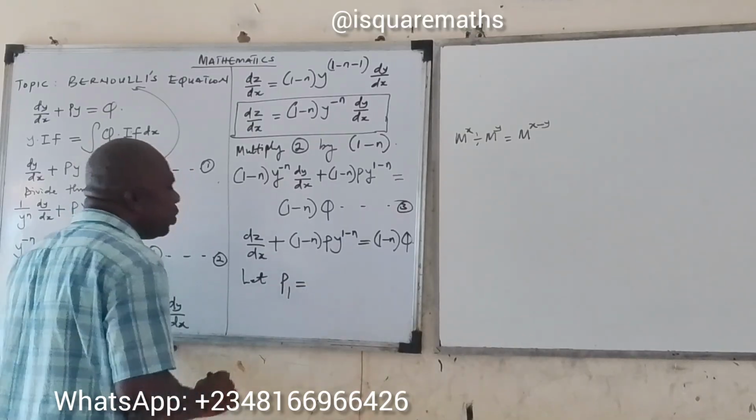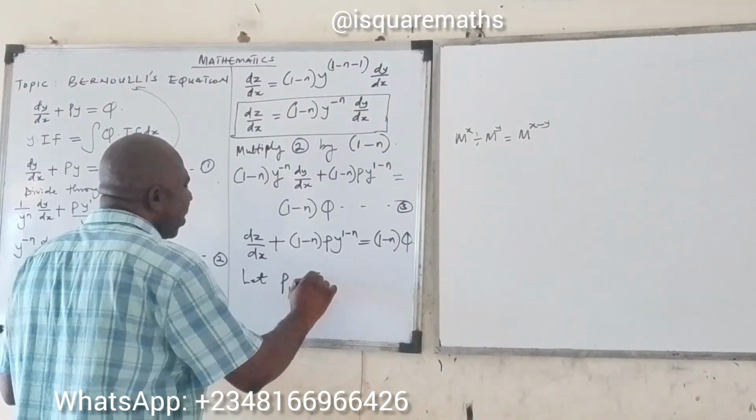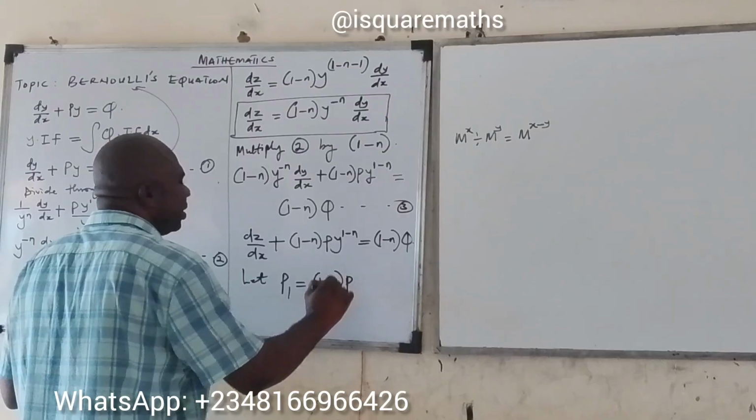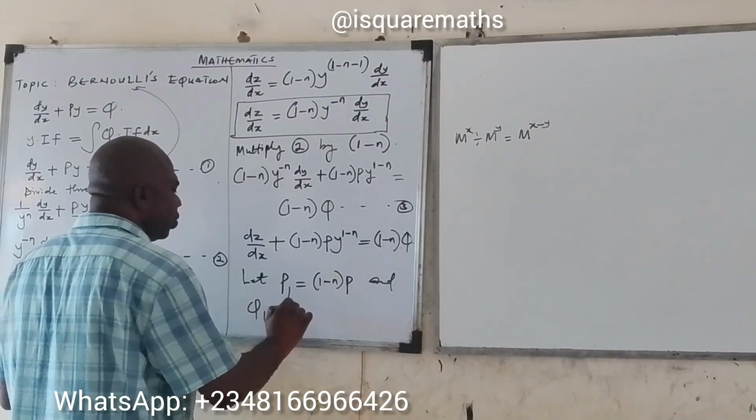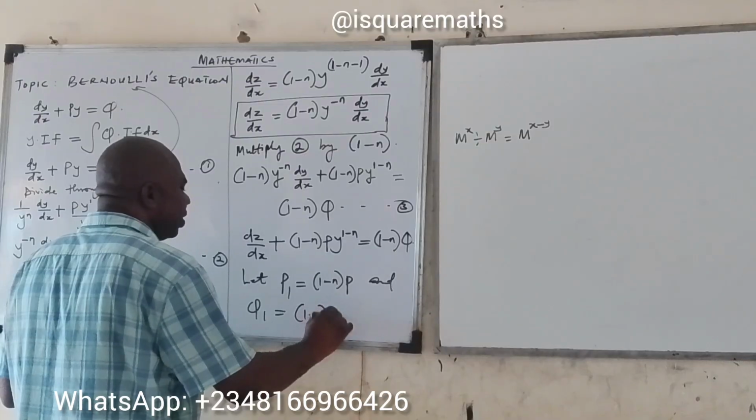So at this point, let p1 be equal to 1 minus n times p, and q1 be equal to 1 minus n q.